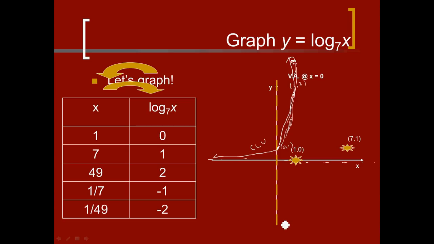I still slide along the asymptote, but I want you to notice here, when I'm sliding along the horizontal asymptote, I slide and grow really slowly till the y-intercept. Swoosh! Very quickly, right?